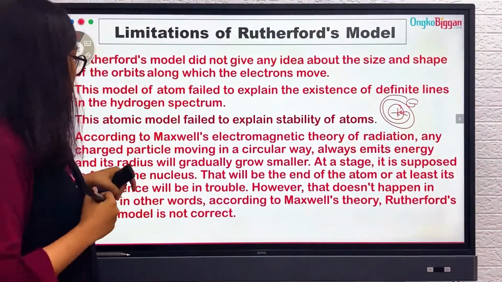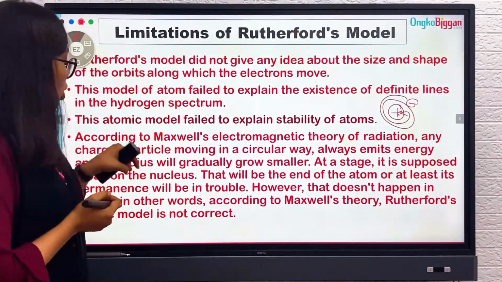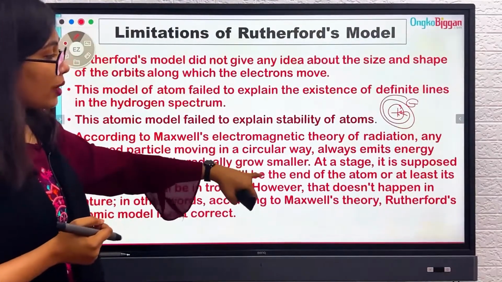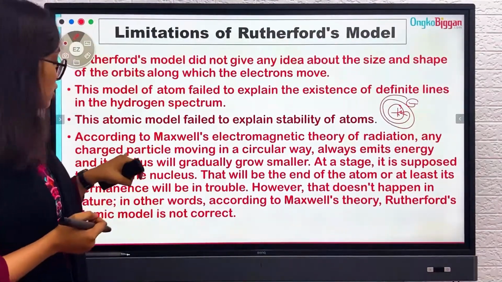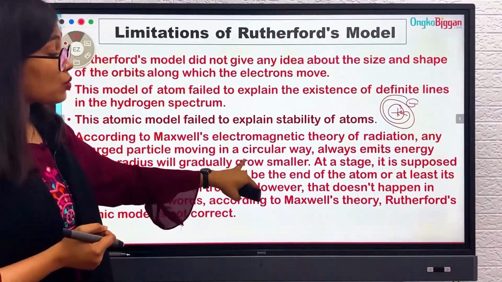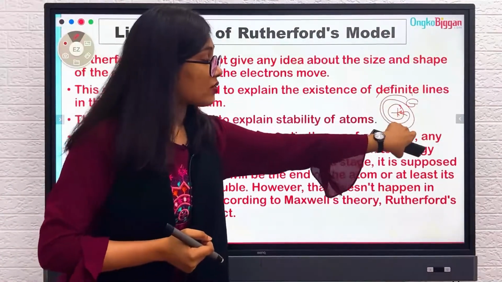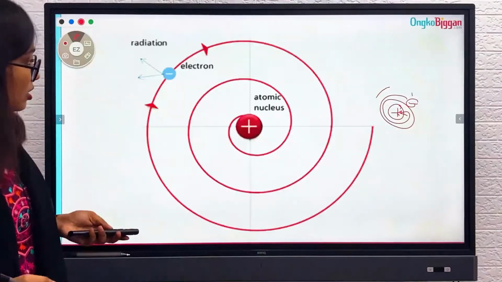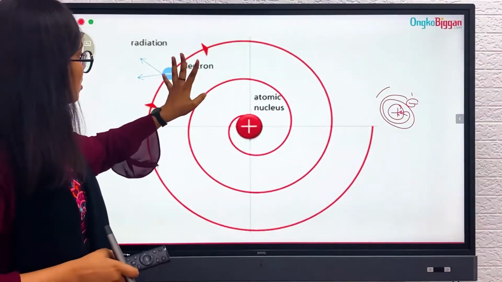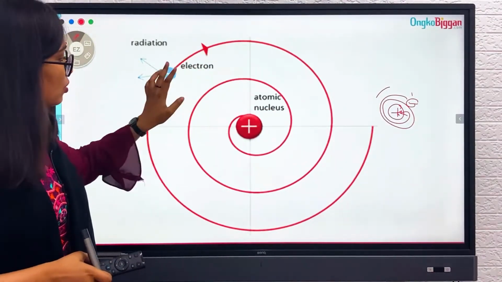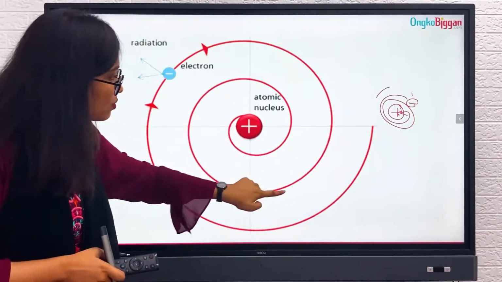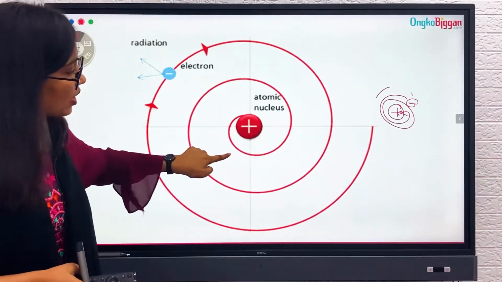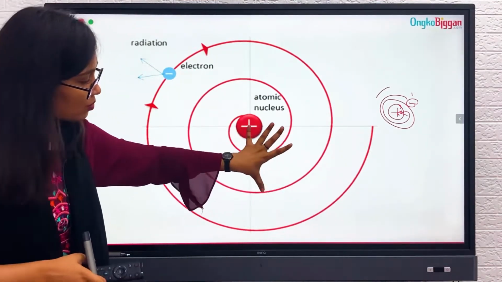Let's read it from here: any charged particle moving in a circular way always emits energy, and its radius will gradually grow smaller. Let's see the picture. This is an electron and this is the nucleus. You can see that it is moving, and gradually its radius is getting smaller and smaller.